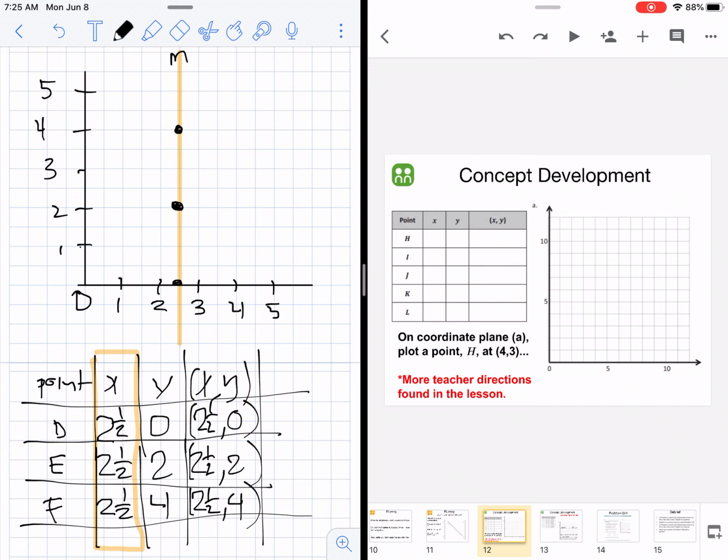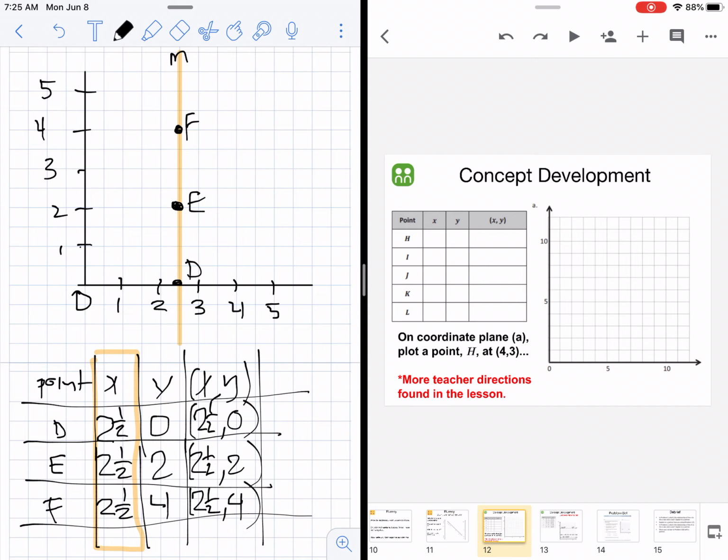What is the distance of point D from the y-axis? Point D is this one. D, E, and F. What is the distance of point D from the y-axis?